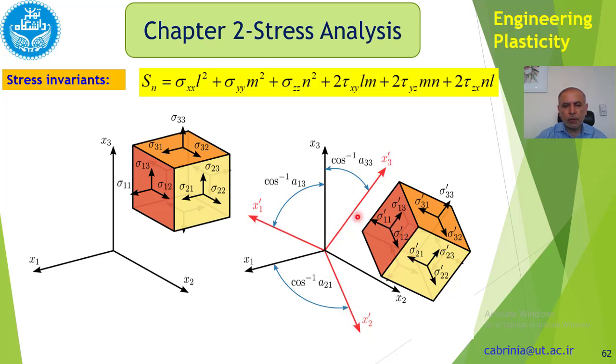The stresses will change, but the invariants will be the same. I1, I2, and I3 will be the same. Their values will not change. And we have proven that. We have proven that these invariants are useful for us. You will see later that we make use of these coefficients.